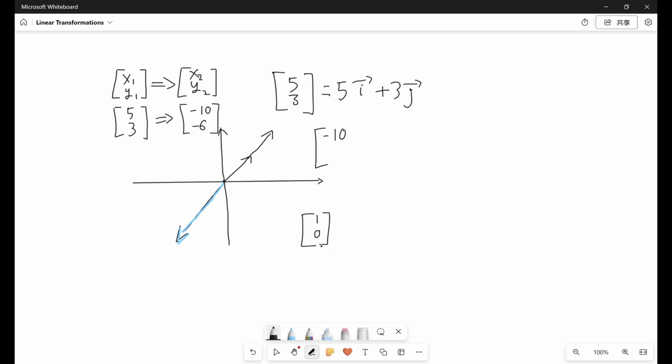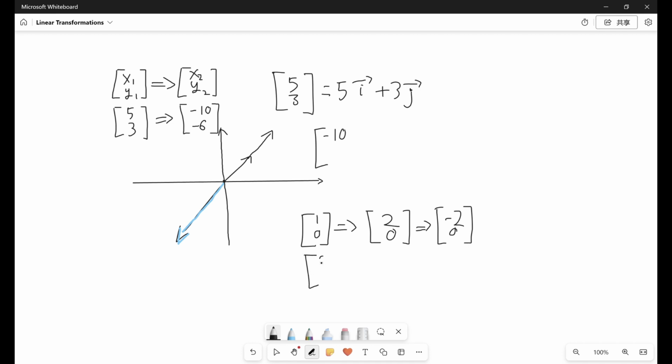So the basis vector will turn from 1, 0 into, so you stretch it 2 times its size, and then you flip it across the origin.